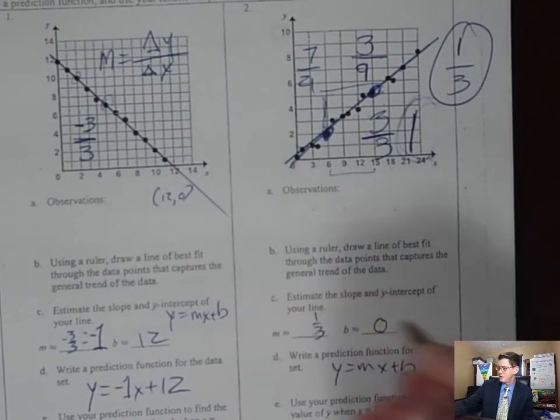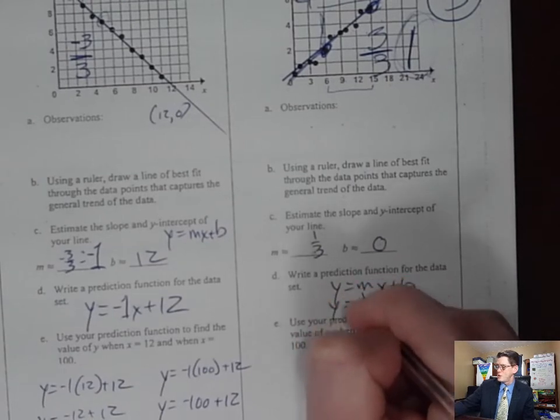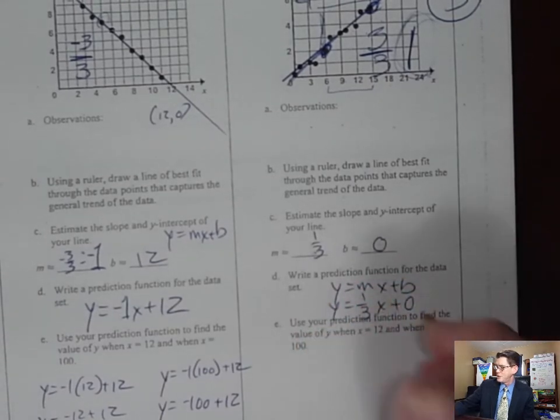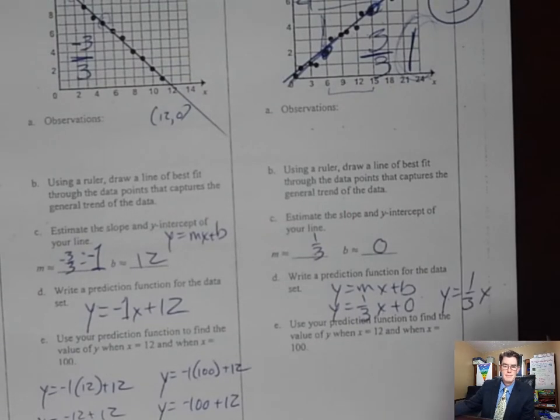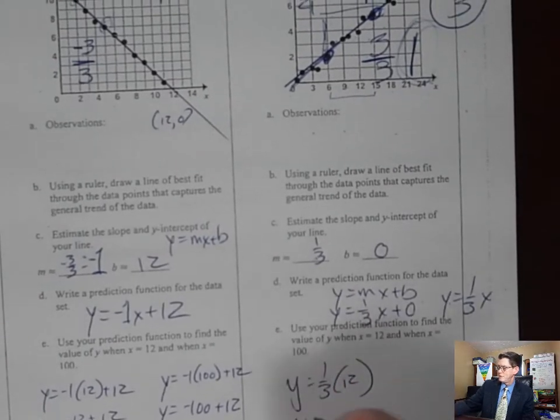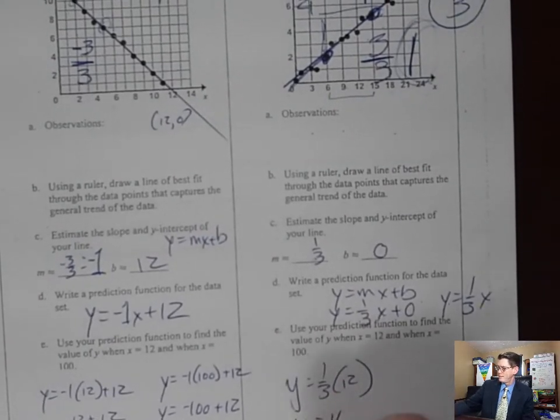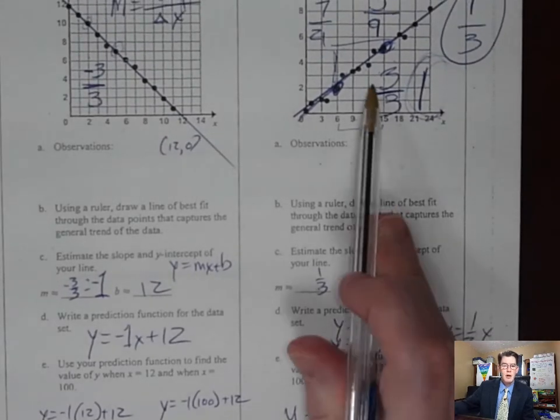That is the slope. So my prediction formula, y equals the slope x plus 0, or just y is 1/3 of x. So if x is 12, y equals 1/3 of 12. Y is 4. 12, 4 is one of the points. You can check to see. 12, 4.